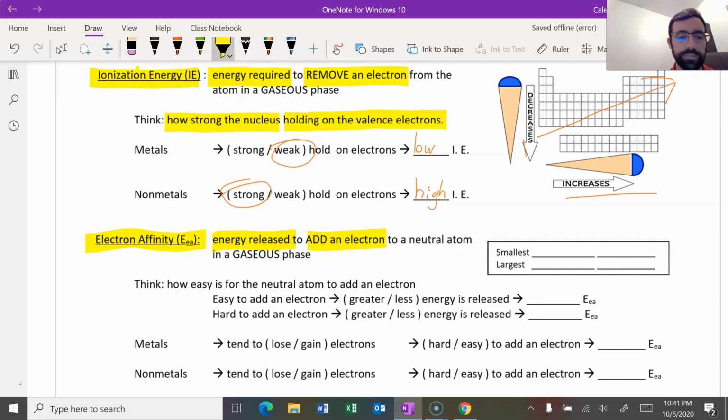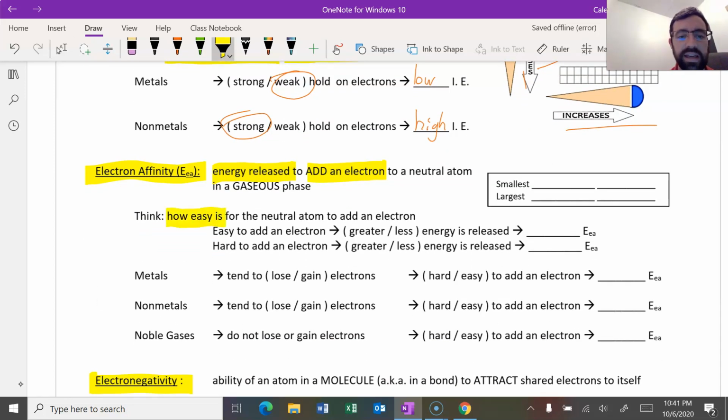What you need to think about is how easy is it for the neutral atom to add an electron. If it's very easy to add an electron, that means there's going to be a greater amount of energy released, which means that our electron affinity, or EA, is high.